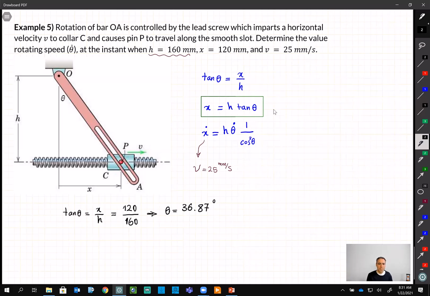So then I have theta also, 36.87. I have everything that I want. Then I will find theta dot: 0.1 radian per second. Oh, nice number, right? Out of this ugly number, we get this nice number. So that's omega for this link.